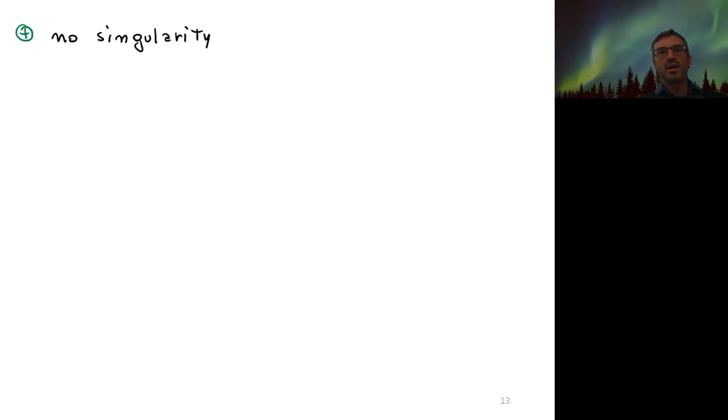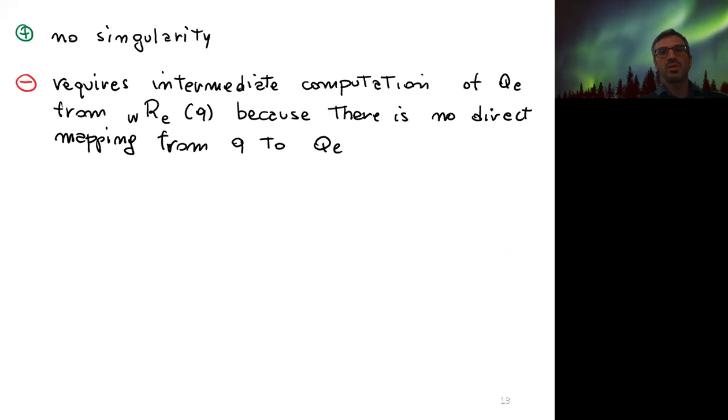Then the advantage of this representation is that it has no singularity. As with the other representation, it also requires an intermediate computation of the actual quaternion from the rotation matrix that represents the actual orientation, because there is no direct mapping from the joint variables.